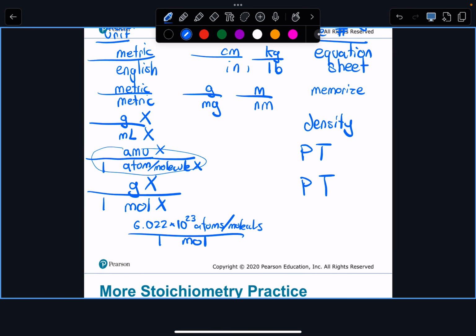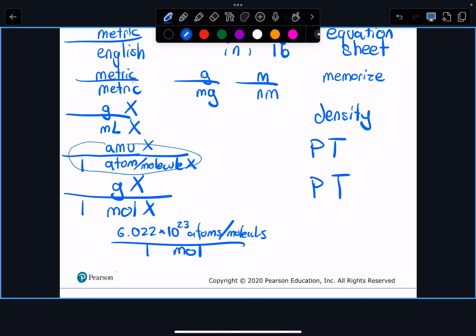Okay, and then the last one that we just introduced is moles of one thing, so moles of X to moles of Y, and that's from the balanced equation.